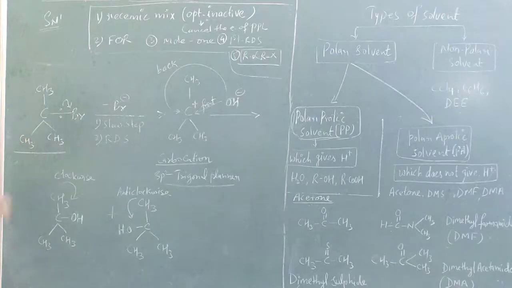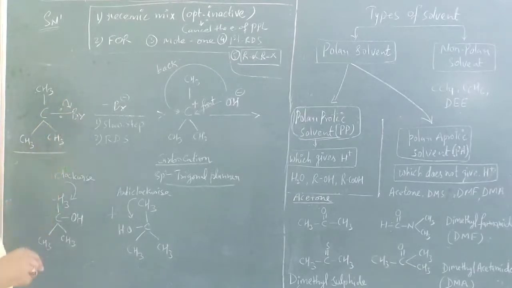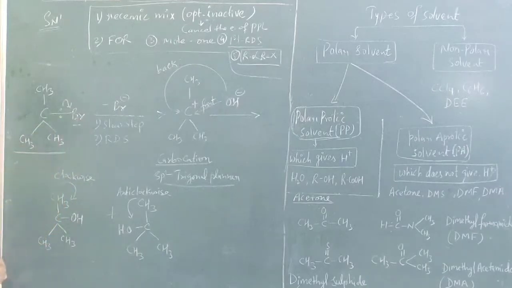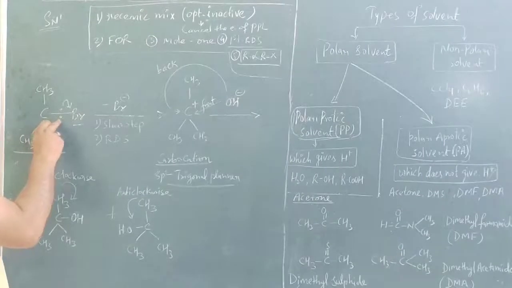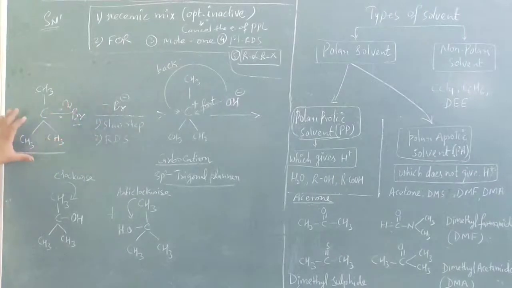So what has happened here? You can see the shared electron is shifted toward the bromine atom. Why? Because bromine is a halogen and halogen has more electronegativity than the carbon. So the shared electron will shift toward the bromine, and in that way the bromine will detach from the substrate.